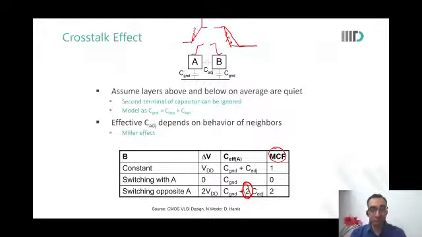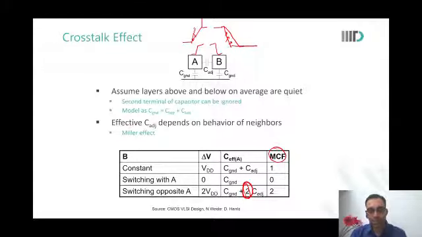We are a digital course, but even in digital we have implications on delays. In an analog course, you will see crosstalk can kill your circuit completely. So basically this Miller capacitance factor is saying that the greater it is, the greater the crosstalk will be, right?